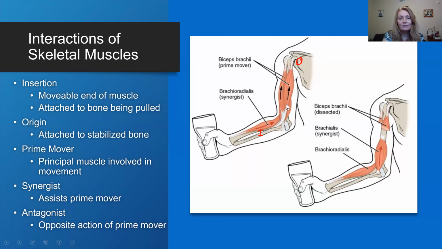So biceps brachii is a prime mover, and two muscles, brachialis and brachioradialis, are actually doing the same. They also flex your elbow joint. So they are synergists to biceps brachii. And then, if you flex, how to extend it? To extend it, you have triceps brachii, and they will be the antagonist of your prime mover.